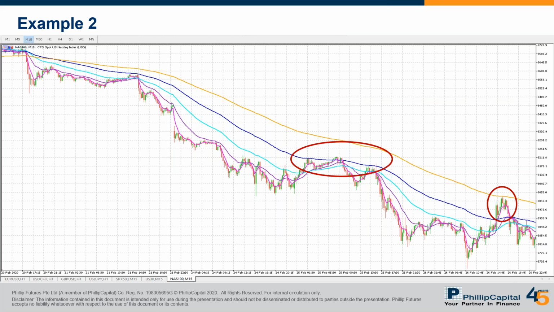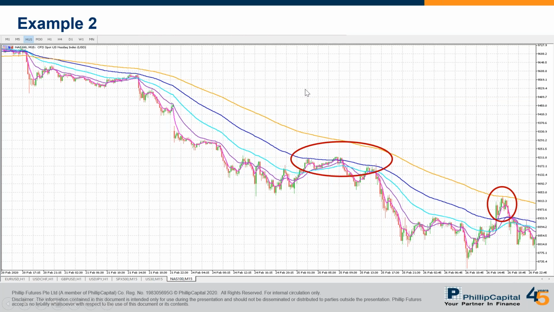There wasn't much opportunity to enter until the big circle in the middle, where it retraces back to the 100 line, the blue line, and then starts to drop again. This is where we want to enter.